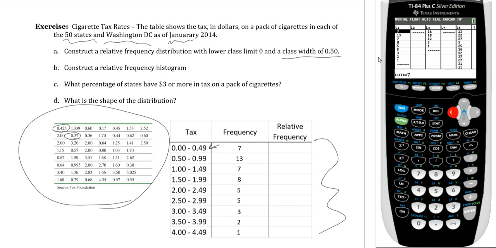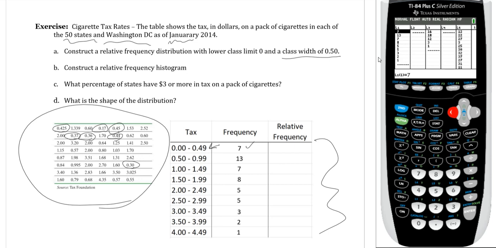I have, let's see what else I have, 0.36, 0.17, 0.44, 0.45, 0.30. I think that actually is it. Yeah. So those numbers would be the ones between 0 and 0.49. Therefore, I have a frequency of 7. There are 7 numbers between 0 and 0.49.